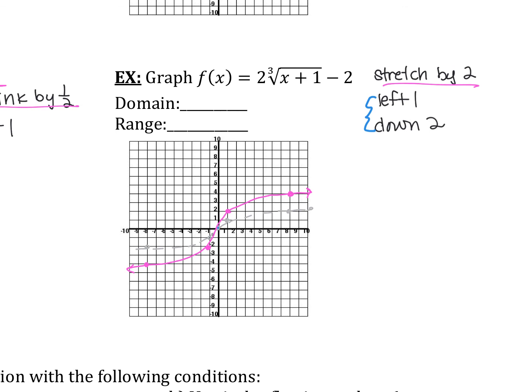Left 1, down 2. Some of my points line up. And my graph looks like the blue one. Domain and range: all reals.